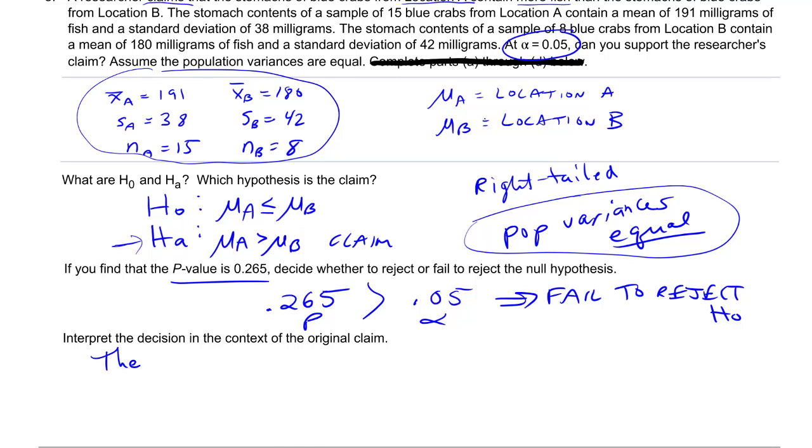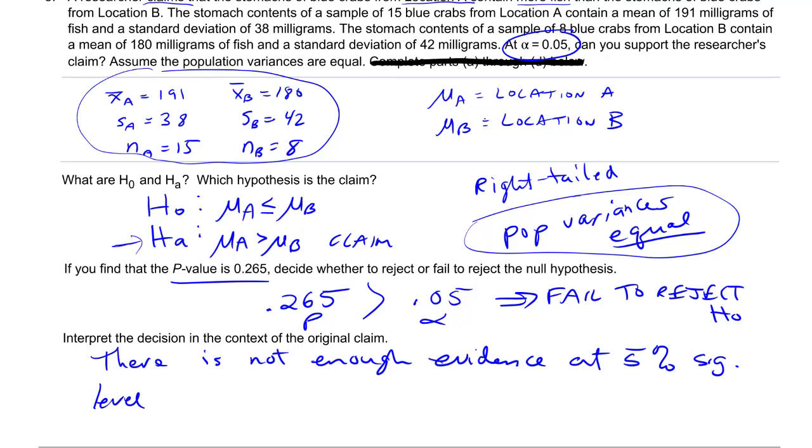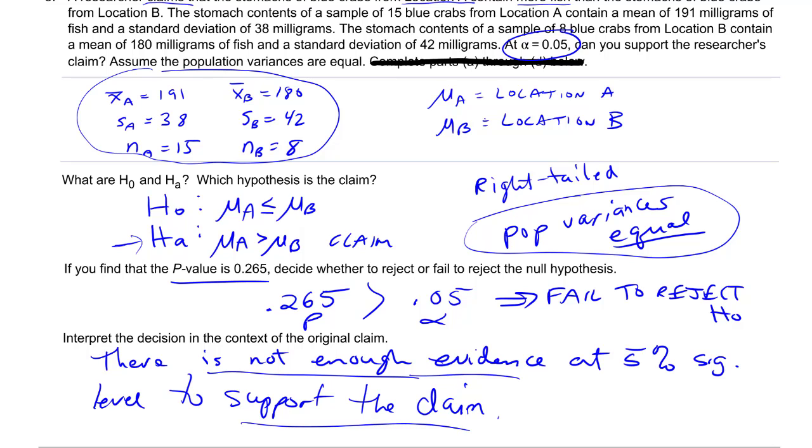So there is not enough evidence at 5% significance level to support the claim, specifically the claim that the location A crabs had more fish in their stomachs than the location B crabs. So not enough evidence to support the claim in this case.